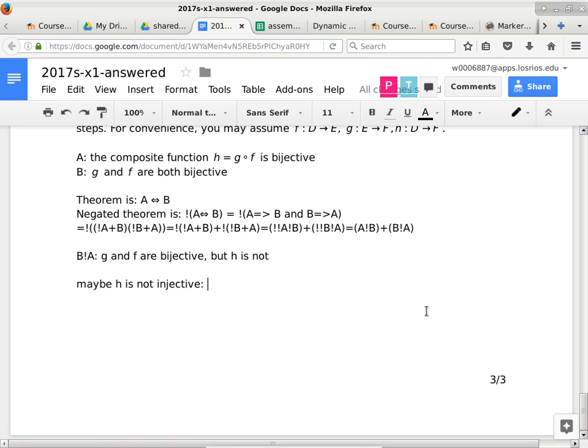So if I write down here, I will say since the cardinalities of D, E, and F all have the same cardinality, H not being injective means there's some element X in F, sorry, that is not mapped. Okay. And why would that be a problem?